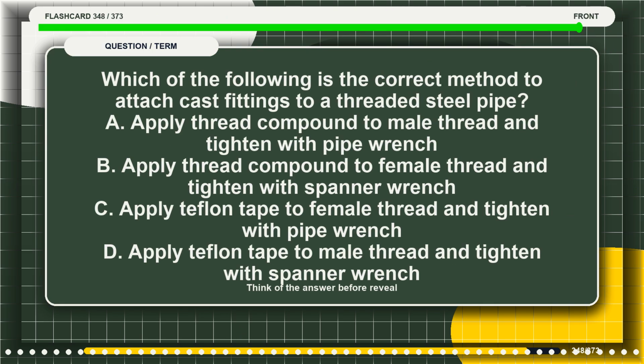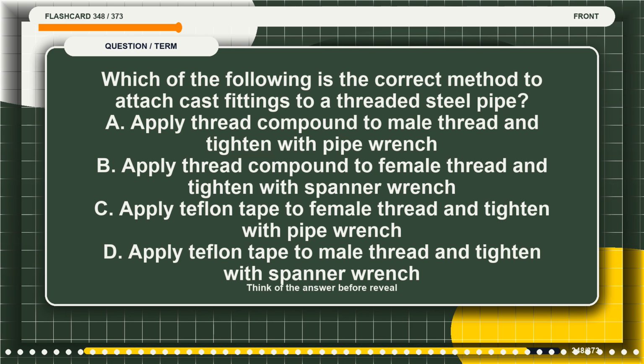Flashcard 348. Which of the following is the correct method to attach cast fittings to a threaded steel pipe? A. Apply thread compound to male thread and tighten with pipe wrench. B. Apply thread compound to female thread and tighten with spanner wrench. C. Apply Teflon tape to female thread and tighten with pipe wrench.